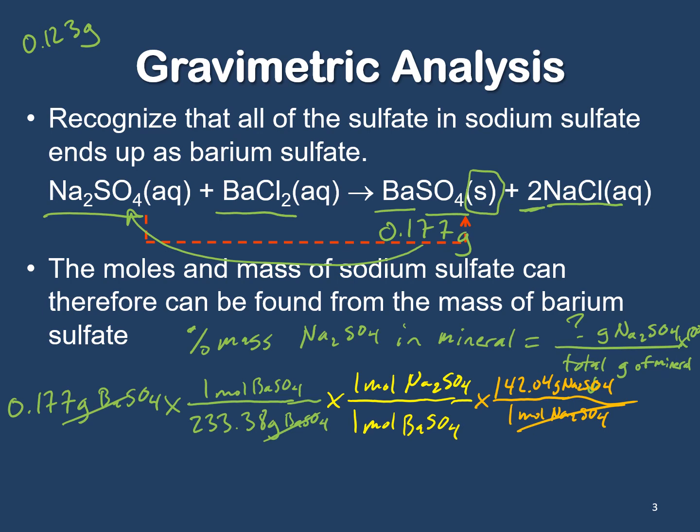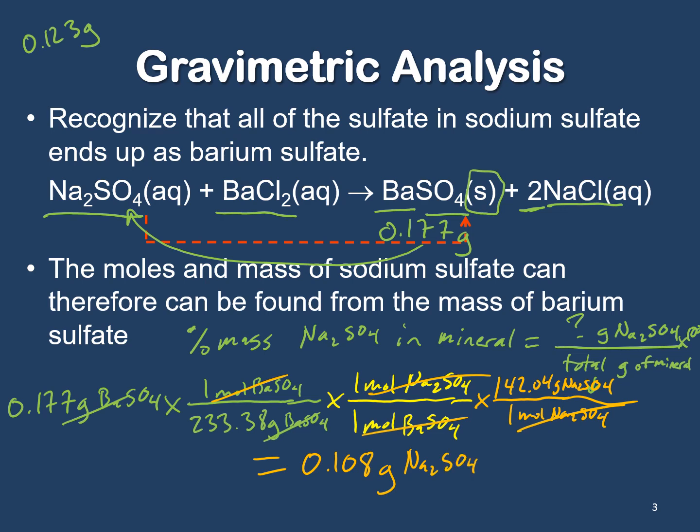So moles of Na2SO4 cancel, barium moles cancel. And so if we do this calculation out, we can get how many grams of sodium sulfate were in that original mineral compound. And so what we get is that in that mineral, originally there were 0.108 grams of sodium sulfate.